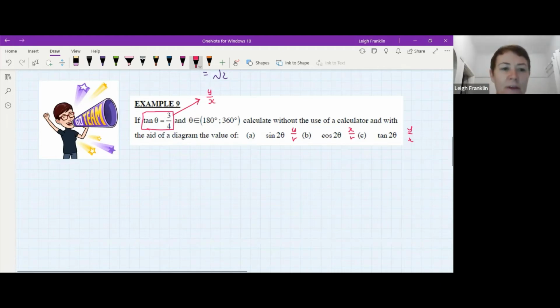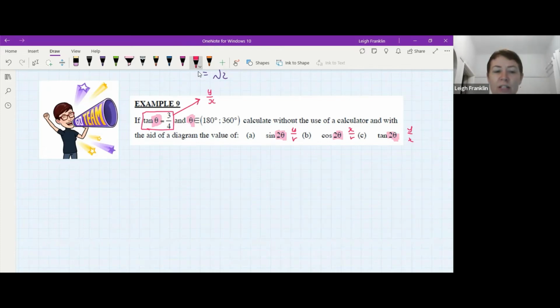Okay, the other thing that I want you to have a look at here, guys, is this. We are working in terms of theta, but they are asking us in terms of 2 theta. Okay, so now if we are given theta and they ask us in terms of 2 theta, it's a little bit easier. They can also do it the other way around, but I don't know if we'll get an opportunity to discuss that this lesson, but I'll certainly try, right?